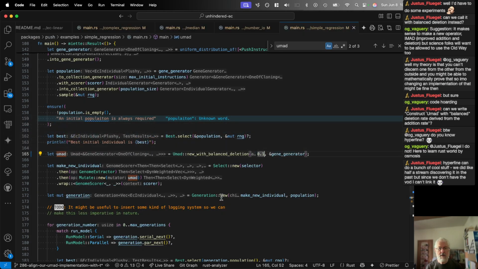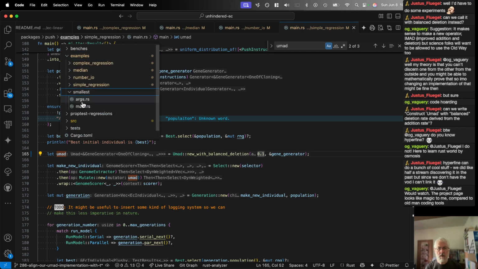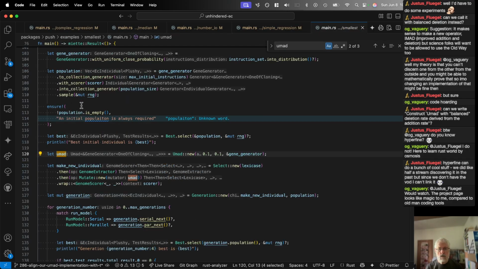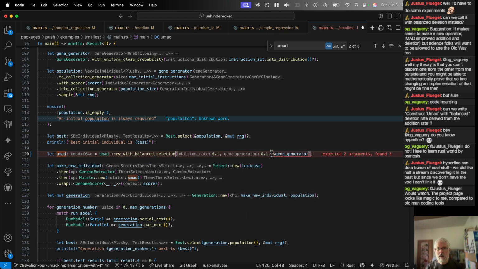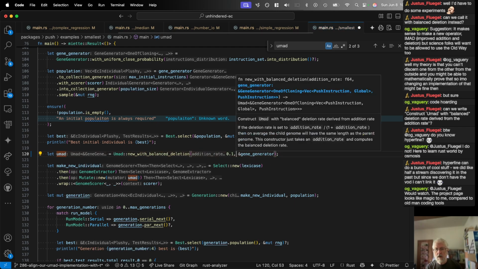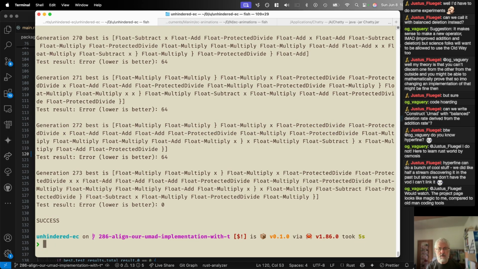And then the last one, I think there's one more, examples, yes, smallest, main, new, with balance deletion, comma, and oops, this is smallest.